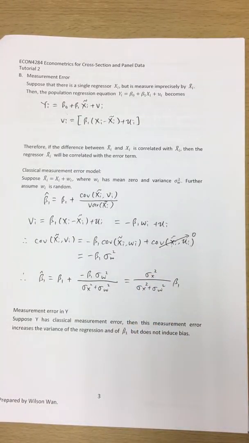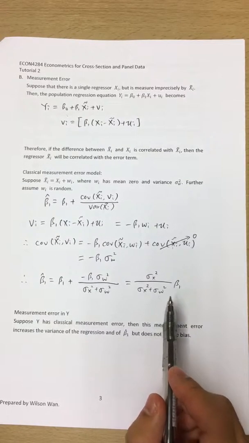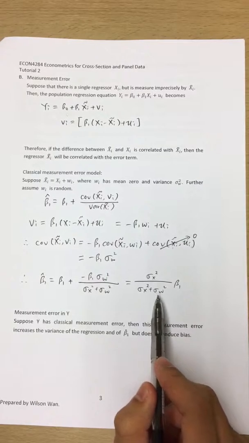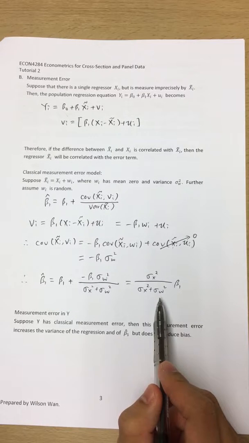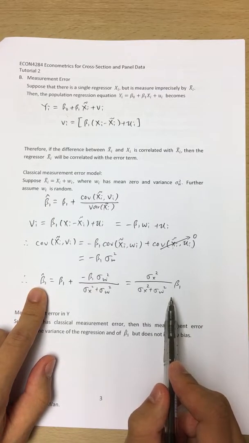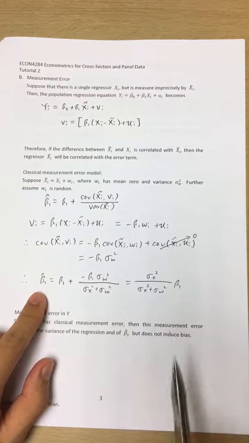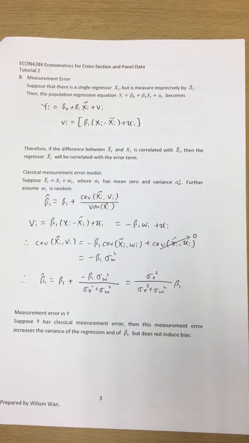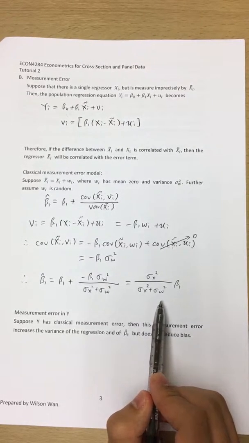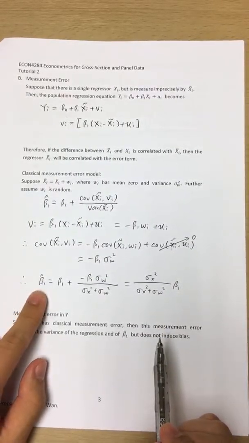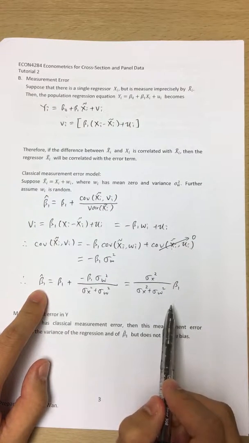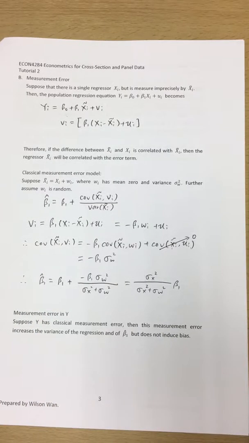Here you can see that if the measurement error is severe, measured by sigma w square, and this is sufficiently large, approaching infinity, then beta 1 hat would go to 0. Then this would be very inconsistent. But if there is no measurement error, sigma w square is 0, then in this case beta 1 hat is consistent: beta 1 hat will go to beta 1. Therefore we can show that if there is measurement error in X, we have internal validity problems.